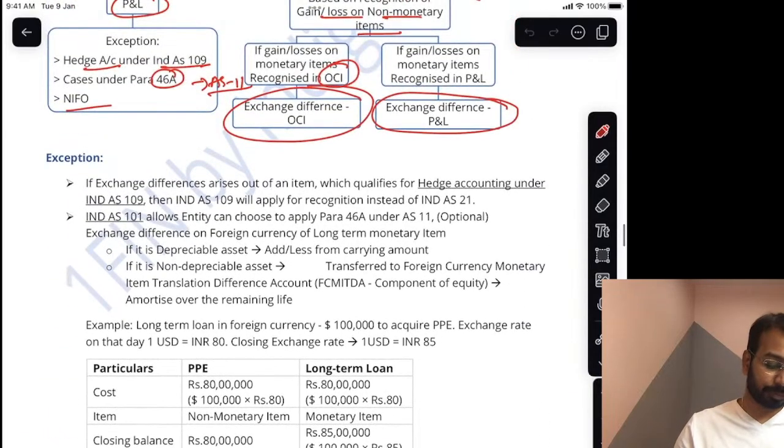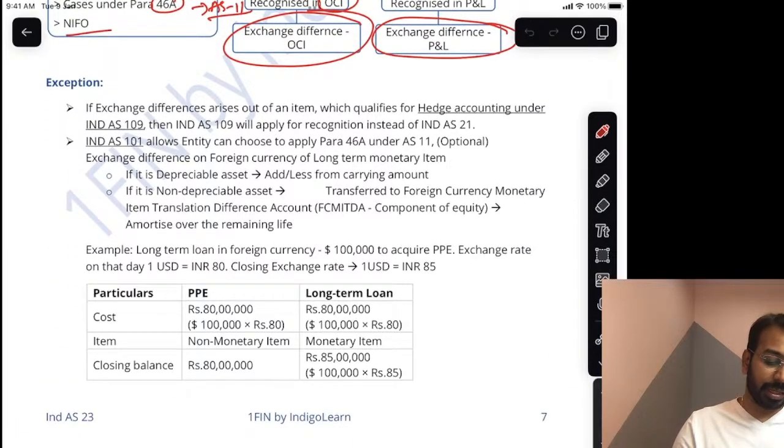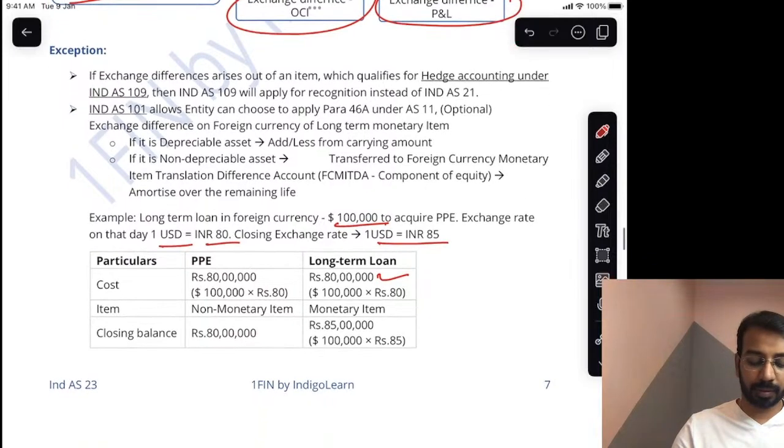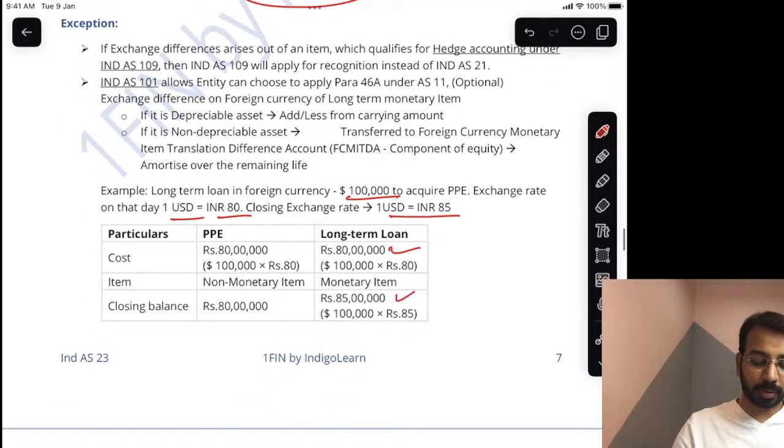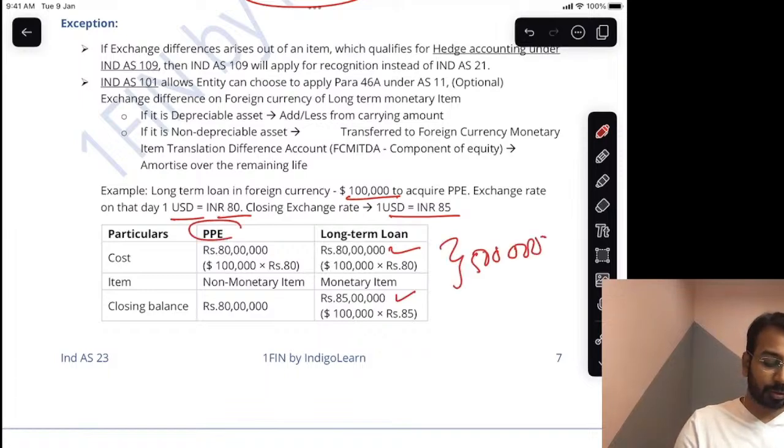For example, in our case, the loan was 80 lakhs, the exchange rate is 80 and closing rate is 85, the example we just took. Here the long-term loan initially was 80 lakhs. Now the long-term loan has become 85 lakhs. This 5 lakhs of loss can be added to the cost of PPE.